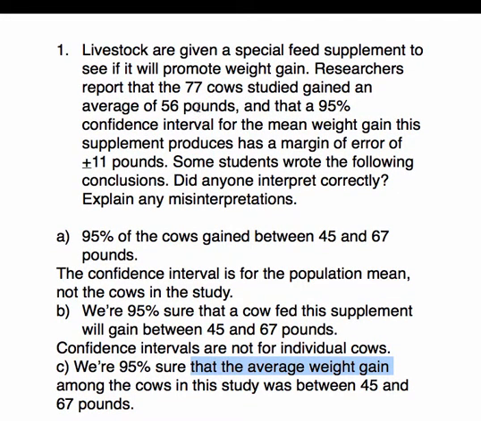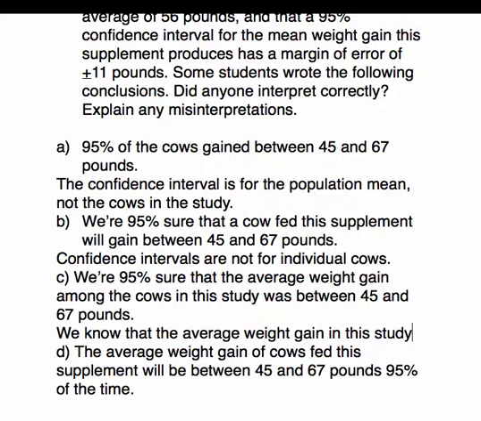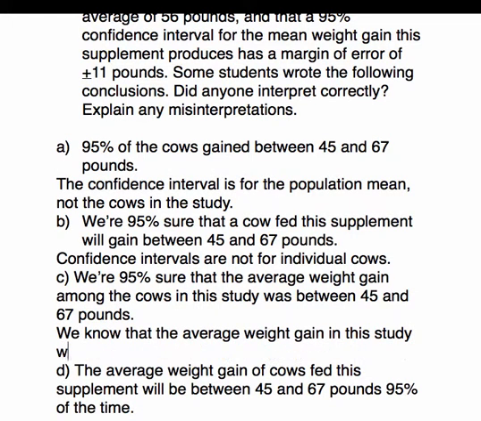What was the average weight gain? We know it's 56 pounds. So for C, you would write that in this study, we know that the average weight gain was 56 pounds.